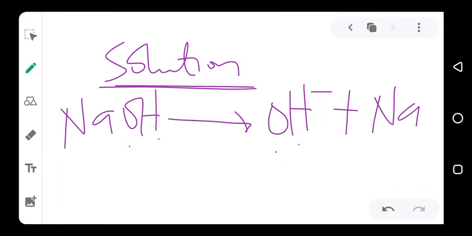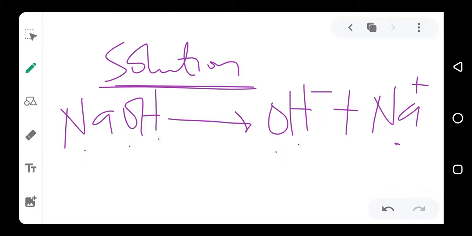We have one sodium in the left and one sodium in the right. So the equation is balanced. This is sodium ion, Na plus. Now this is the first step.